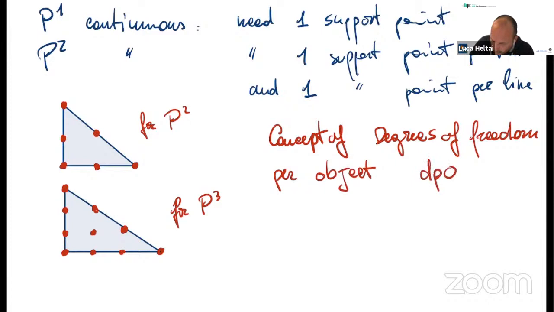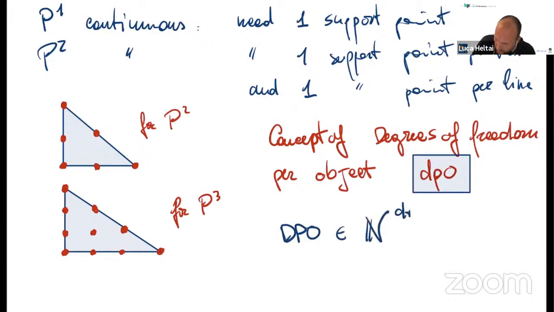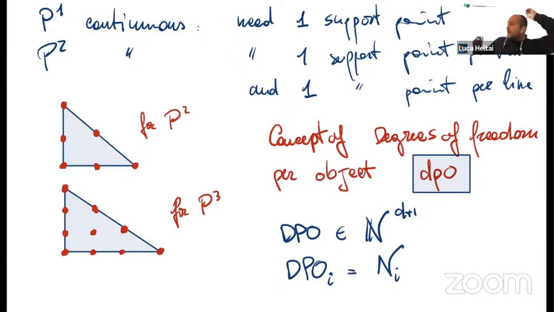This is the dPO vector. dPO belongs to R^(d+1), and it is indexed dPO_i, i equal to 0 up to d, where N_i is the dimension of the basis functions that you want to have for Lagrangian finite element spaces.